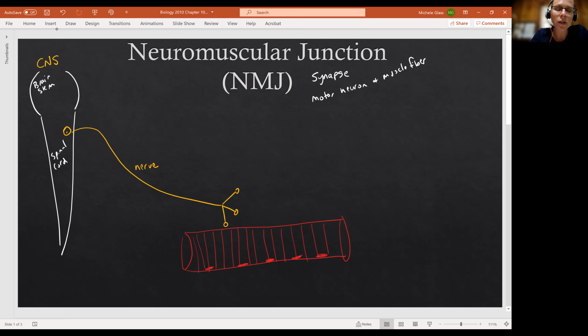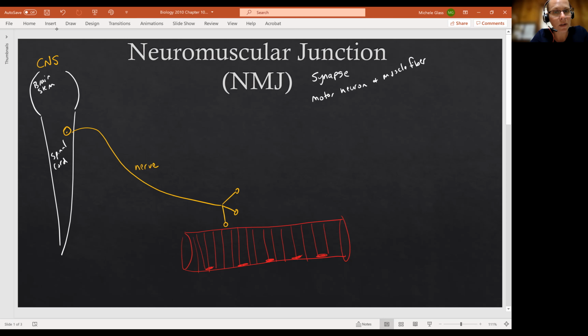So we have a picture here, a really basic drawing of our central nervous system showing the brainstem and spinal cord. And then we have a motor neuron coming from the brainstem and spinal cord.